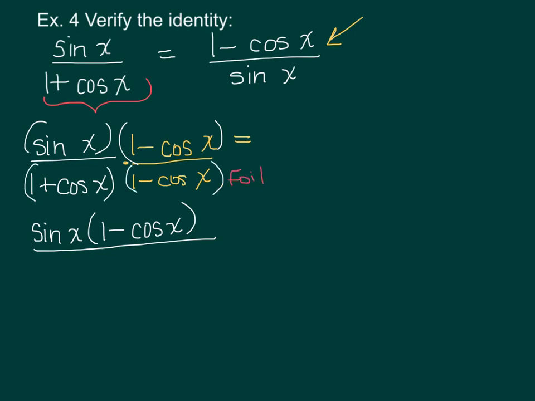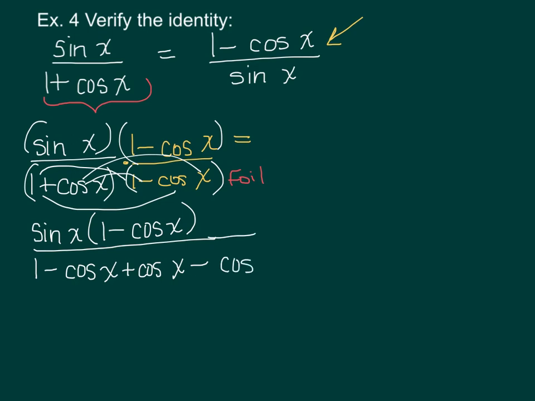FOIL. So you do first, outer, inner, and the last two. When you write, it's like cosine squared x. You don't write cosine x squared.